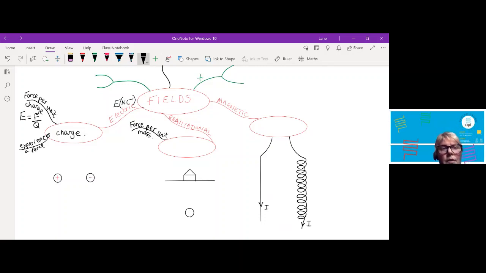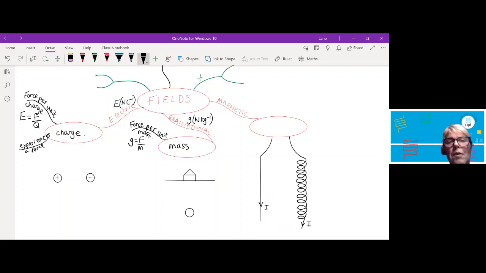Gravity, on the other hand, would be force per unit mass. We use little g for this, because big G is the gravitational constant. The units of g would be newtons per kilogram, like that. And that is a mass that experiences a force when it's placed in a gravitational field.